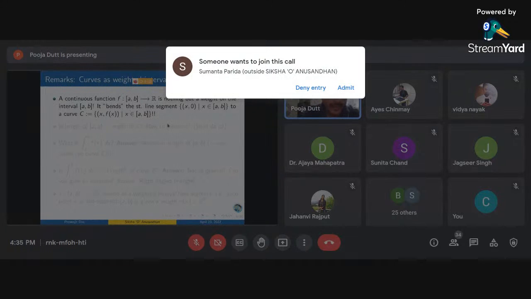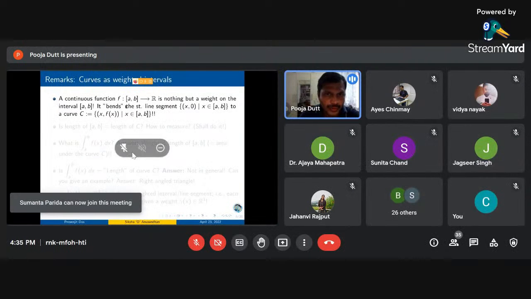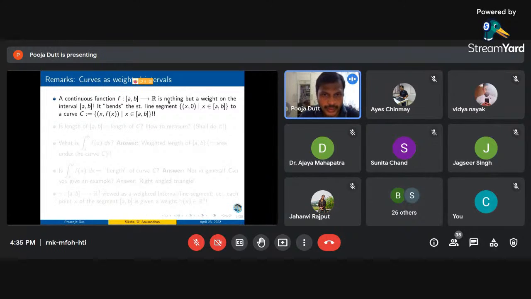Now, some remarks about these parametric curves. First, we should understand that whenever we have any continuous function on an interval AB to R, it is as if the interval got weighted. So any point on the interval carries a weight f(x).